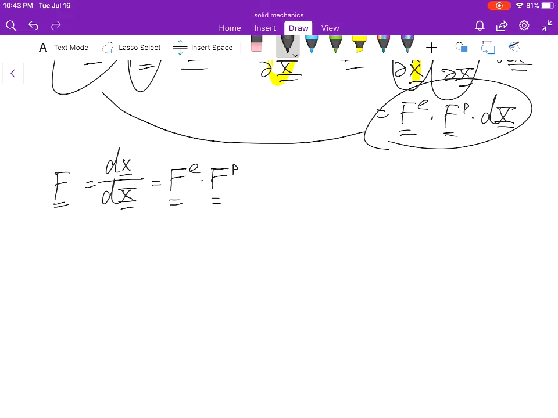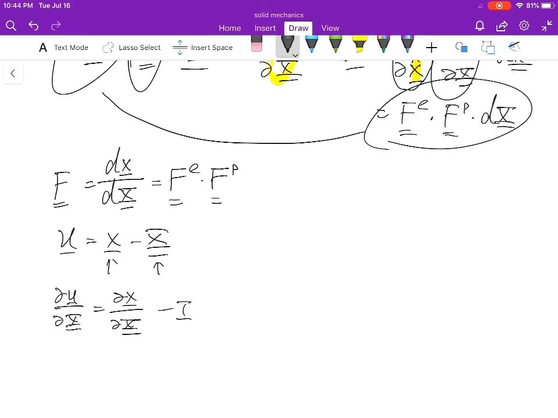But because of the definition of the deformation gradient tensor, recall that a displacement vector is defined as this, right? This is in the current configuration, this is in the reference configuration. And so taking the derivative, we have this.